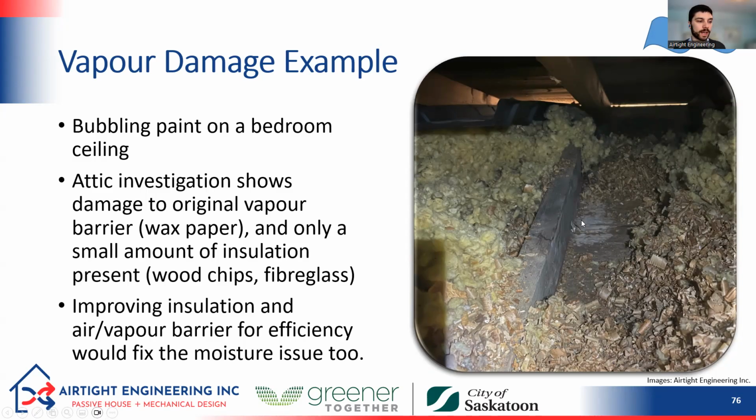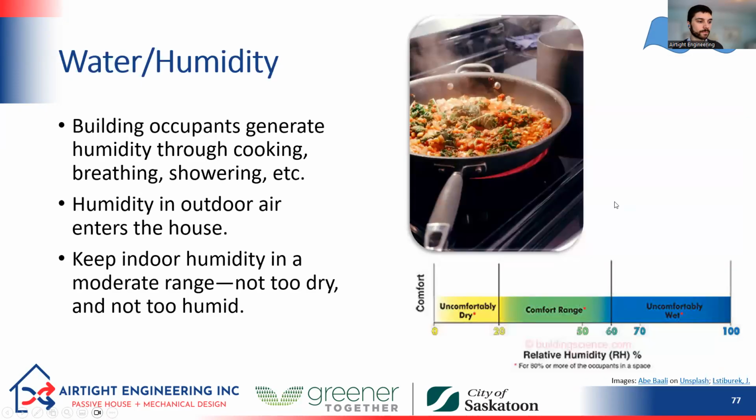Some moisture is able to get up through the ceiling as well. And so it's causing that paint issue. I could just repaint that spot, but I would end up with the same problem happening again over and over unless I do something to fix this. So I actually repaired the vapor barrier. I added some more insulation, and now I can repaint safely without worrying about it coming back.